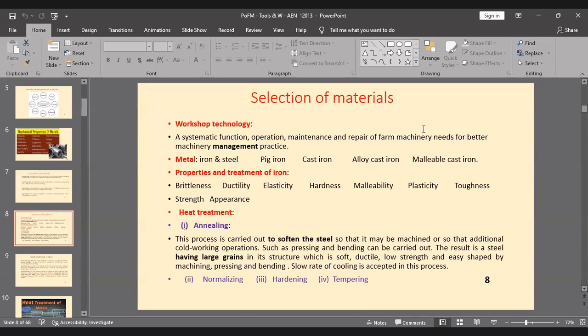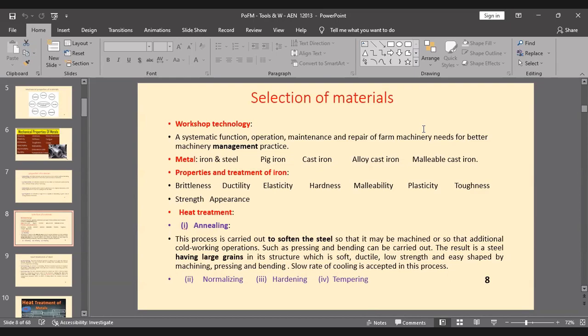Only by applying heat, the metal's characters or properties can be easily changed. That is why we are dealing with metal with heat. So then we go to heat treatment.